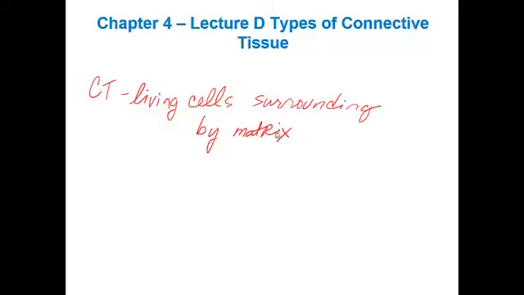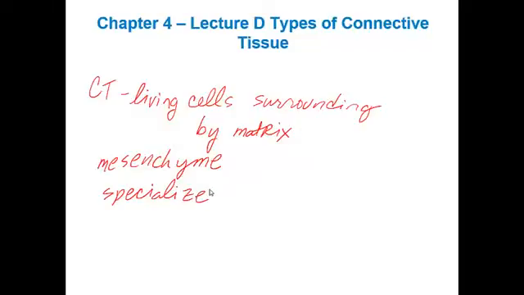And all mature connective tissue is going to arrive from a common embryonic type of tissue that is called the mesenchyme. And once this mesenchyme differentiates, it's going to specialize into a certain type of connective tissue.